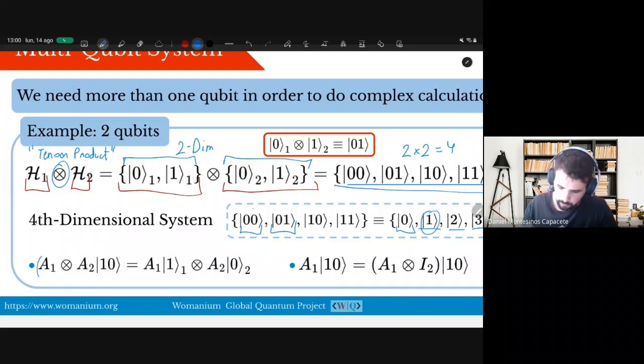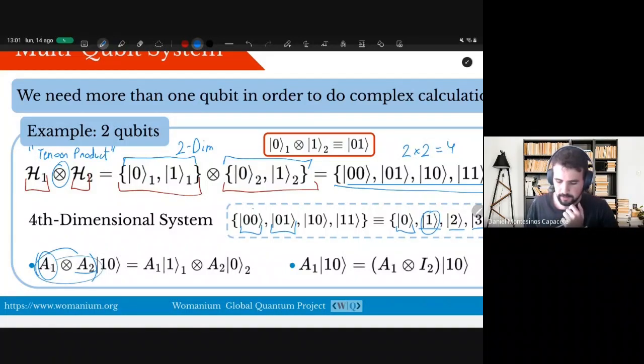For example, here I have, in parenthesis, an operator that acts on your first qubit, and another operator that's the same, or any other operator. They can be different operators. That's why I say A1, A2. I could have also called this B2 or whatever.